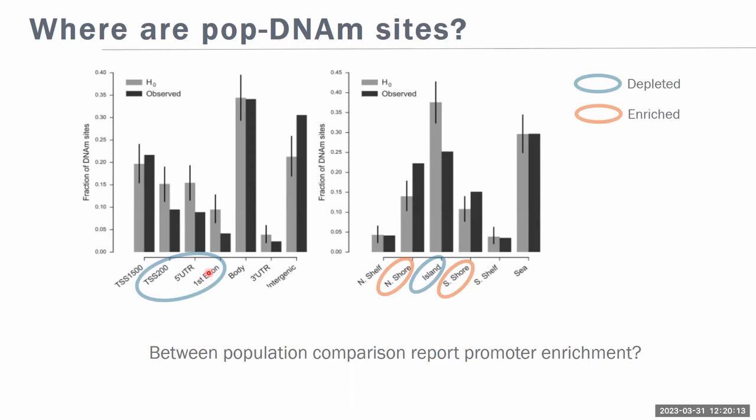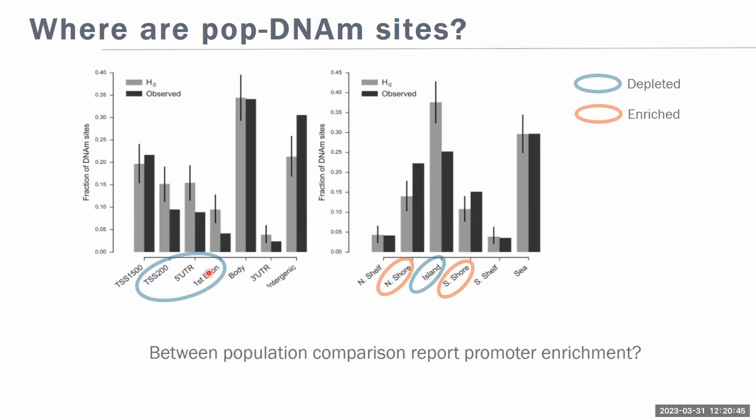So there are essentially two possible explanations, one more exciting than the other. The more exciting explanation would be that the population-specific DNA methylation sites which are at promoters are largely environment-driven, and that's why we don't find them in the same fraction, whereas the ones which are not at promoters are largely genetically driven, so we find those, which would be very interesting.